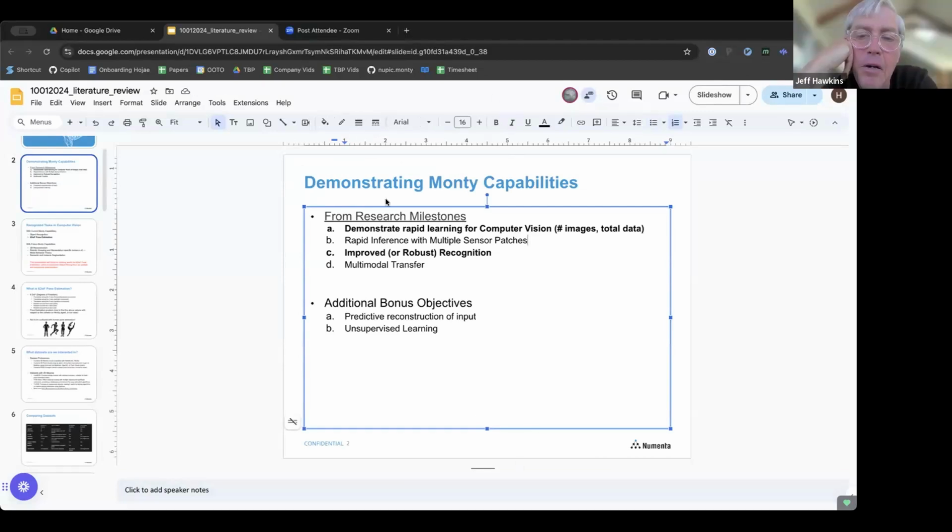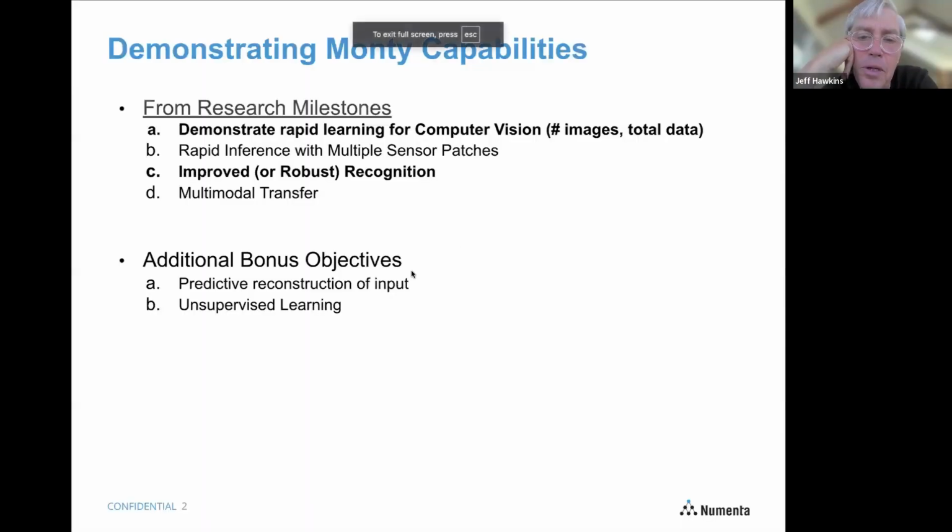I mean, it's a general rule here. Monty works very differently than almost every other kind of learning system out there. And we need to be demonstrating that we're making progress on those components of how Monty works. And that's more important than showing that Monty is better than other systems.